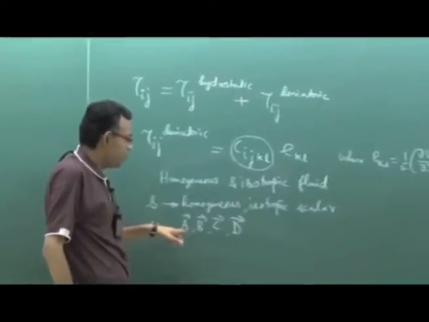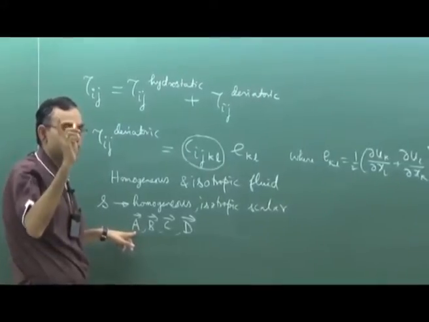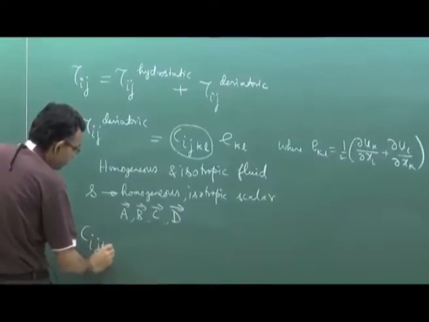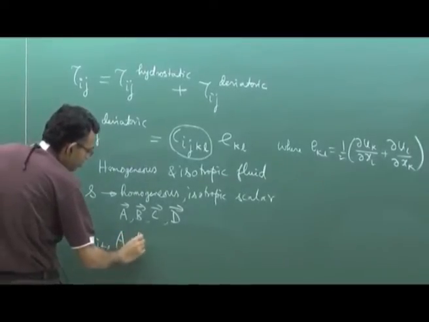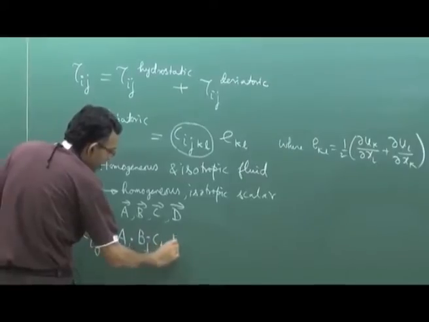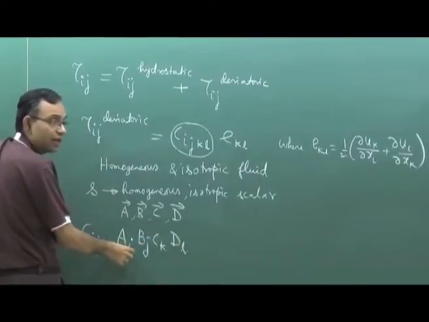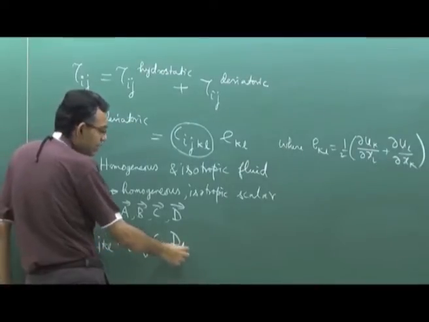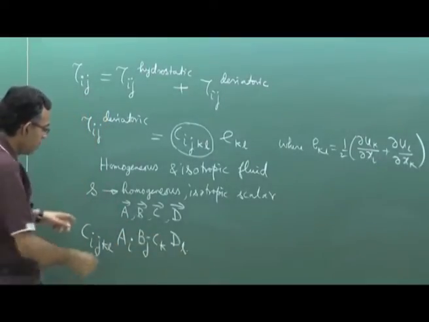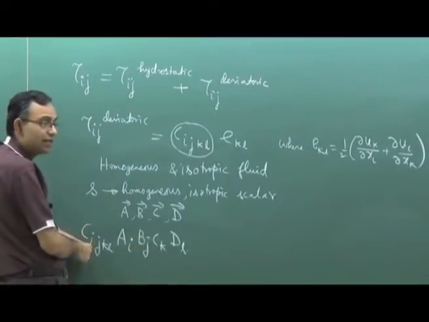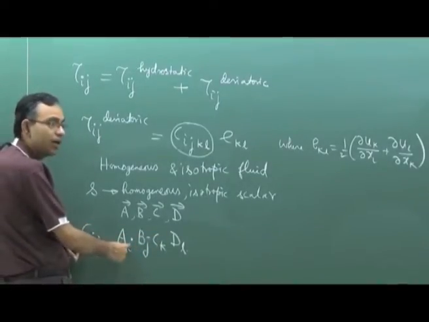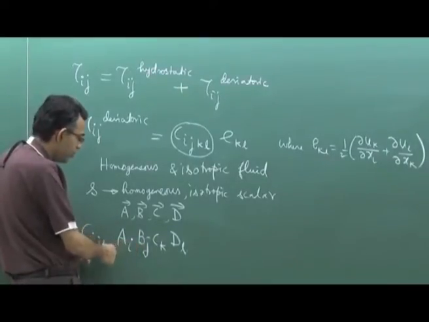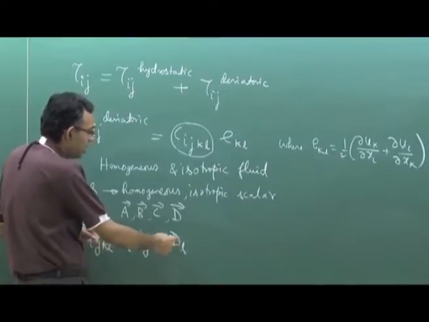Now, a vector is specified by one index. So, if you now write C_ijkl into A_i, B_j, C_k, D_l, this stands for the vector A, this for the vector B, this for the vector C, and this for the vector D. If you write it in this way, it means that there is an invisible summation over i because it is repeated, an invisible summation over j from 1 to 3, summation over k, and summation over l.